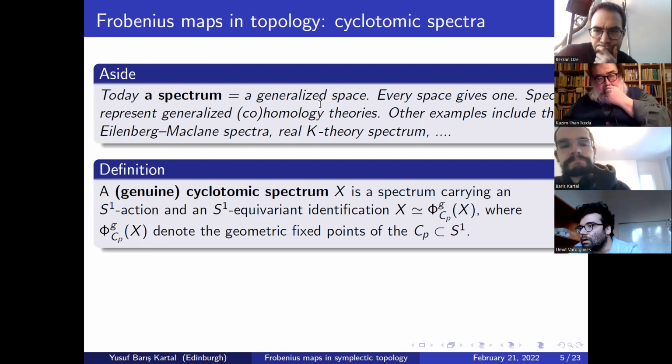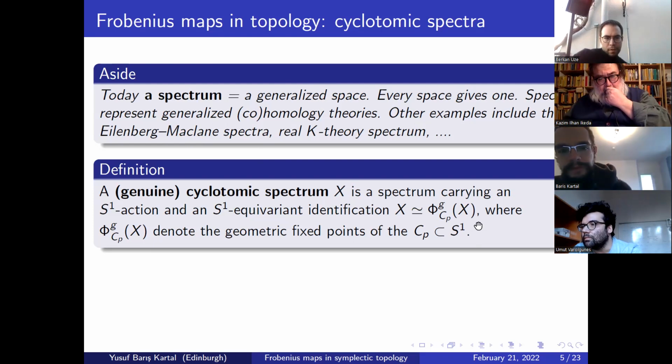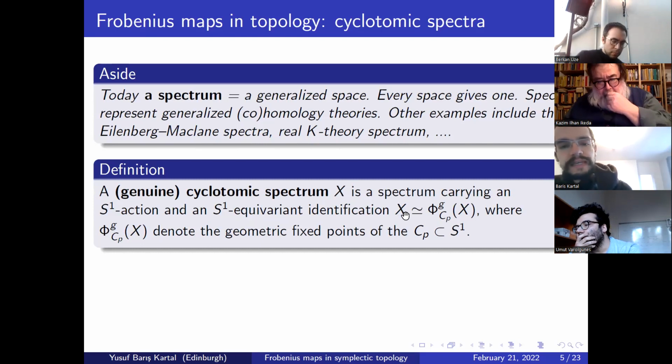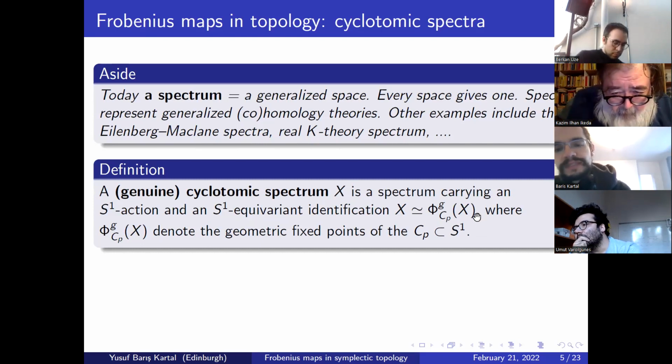Yes. Okay. And what is the geometric fixed points of a spectrum? Yeah, so I won't really discuss this. For that, you need to have a genuine S1 action. You can think of this like, if you think of X as a space, then the geometric fixed points are the actual space-level fixed points.